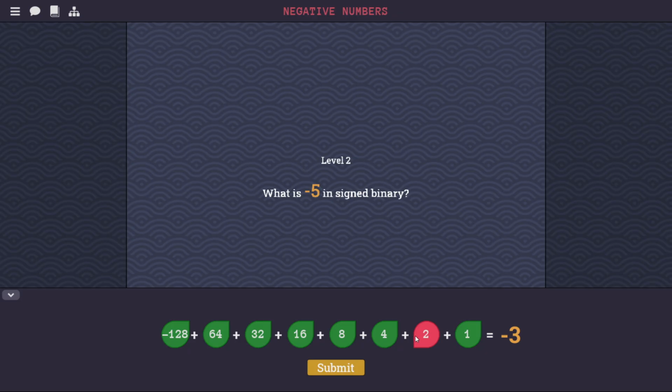Five, and wow, okay, that means that 4 is 3, so let me use 2 and this.